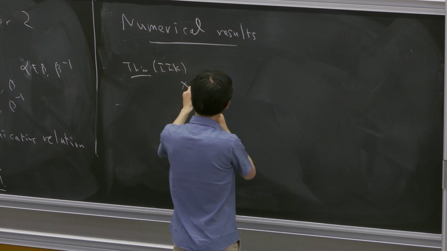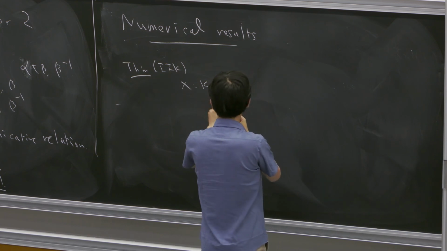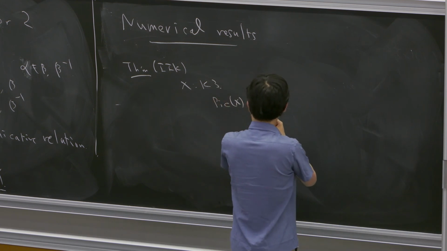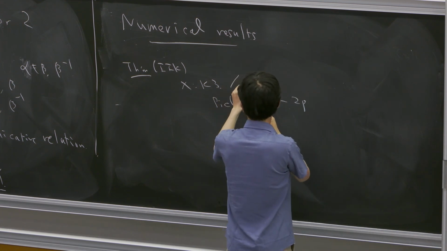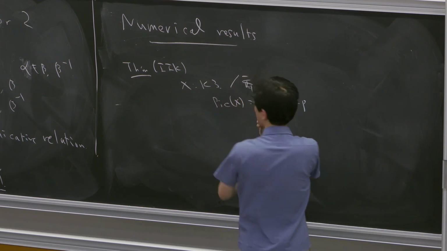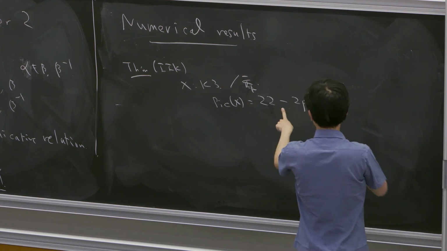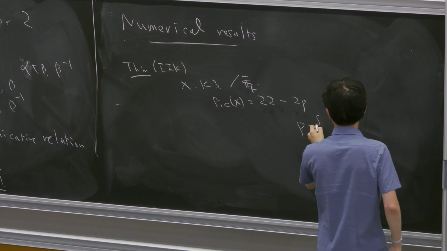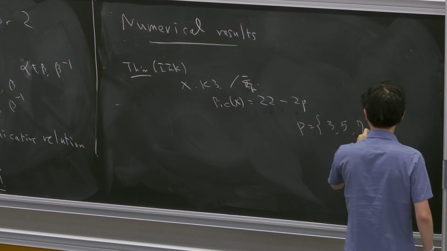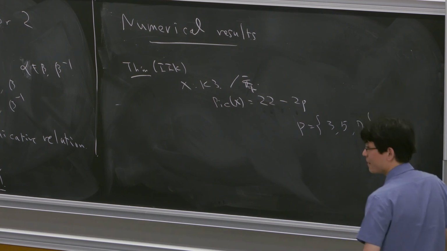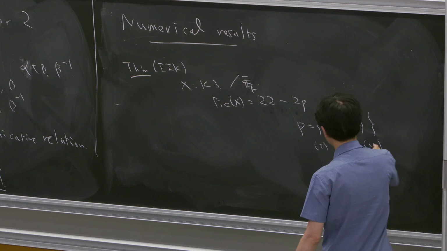Again, X is a K3 surface defined over Q bar, and now assume the Picard number has the form 22 minus 2p, where p is 3, 5, 7. You can also allow 2, but this is easier.